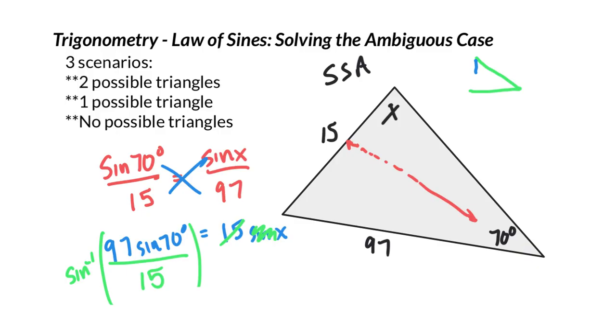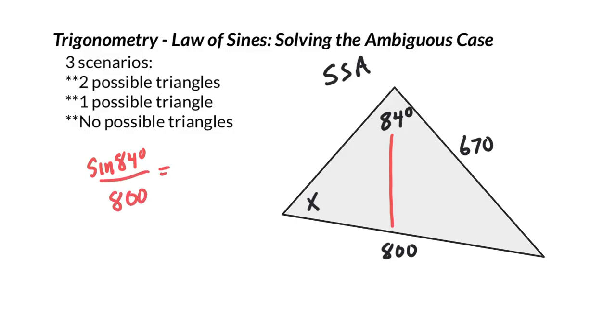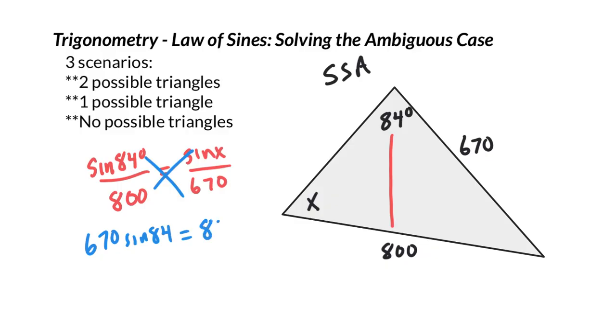Let's look at a different scenario. All right, let's set up our law of sines using our relationship again: sine of 84 over 800 is equal to the sine of x over 670. Cross multiply. Divide both sides by 800.